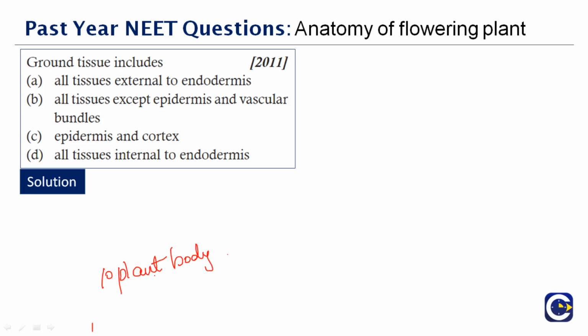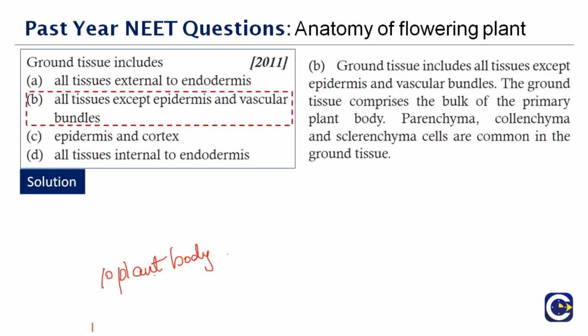When I talk about the primary plant body, what all will come under that? Parenchyma, collenchyma and sclerenchyma cells are commonly found in the ground tissue. So when we talk about ground tissue, it includes all the tissues, but except epidermis and vascular bundles. Therefore the correct answer is option B.